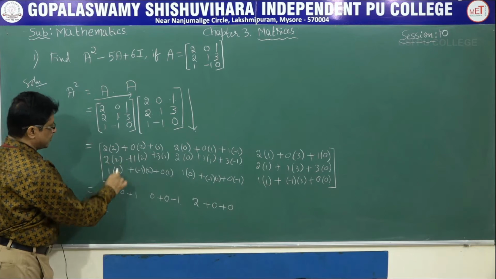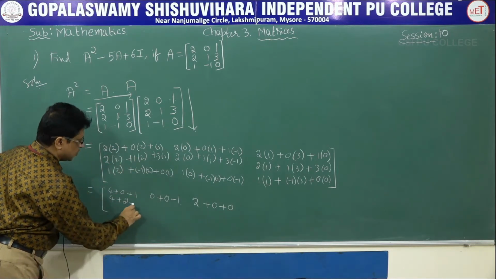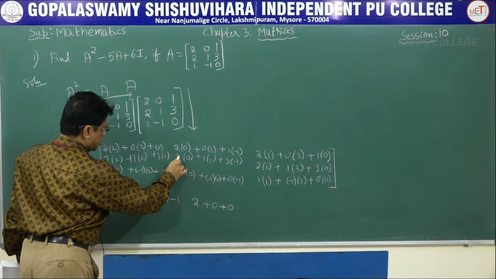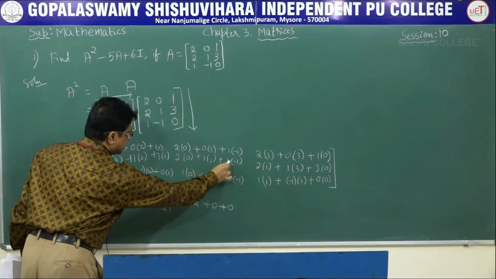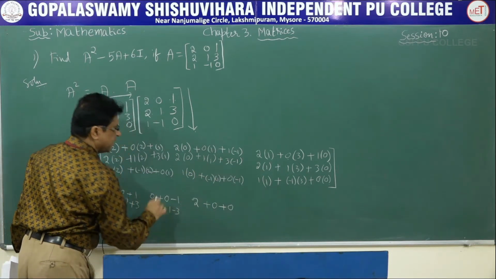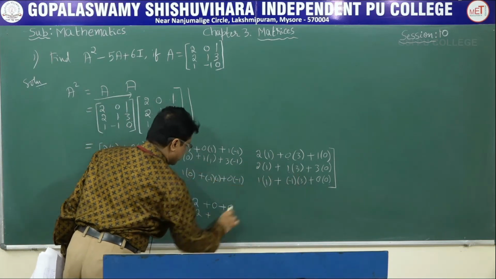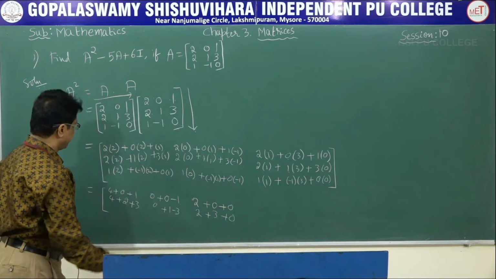Next row, 2 into 2 is 4 plus 1 into 2 is 2 plus 3 into 1 is 3. So 2 into 0 is 0 plus 1 into 1 is 1, 3 into minus 1 is minus 3. So 2 into 1 is 2 plus 1 into 3 is 3 plus 3 into 0 is 0.